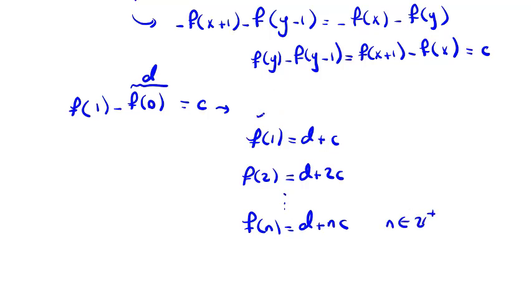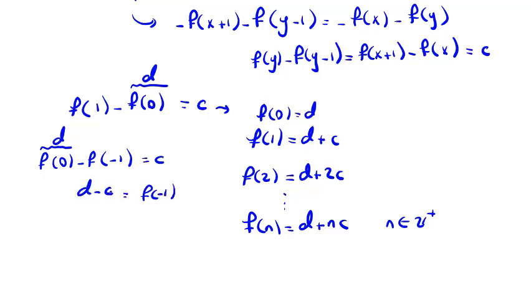So f of 0, we said it is d. Now, if I want to use f of negative 1, I know f of 0 minus f of negative 1 is c, and f of 0 is d, so f of negative 1 is d minus c. You should subtract c.